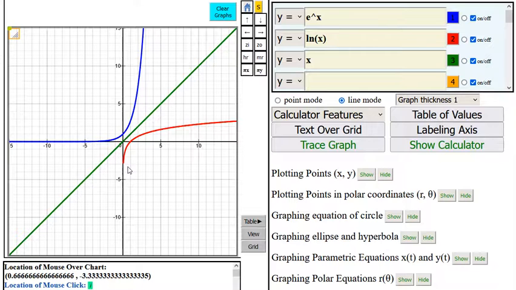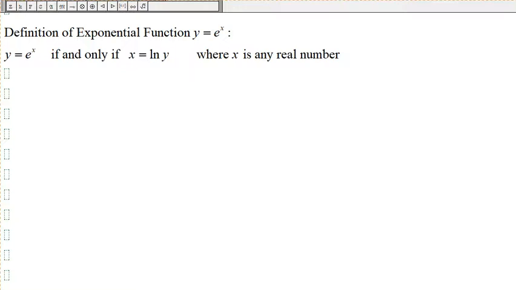And so that's the relationship between the exponential function and the natural log function, the inverses of each other. And next we want to find the derivative, meaning we want to find y prime, the derivative of e to the x.